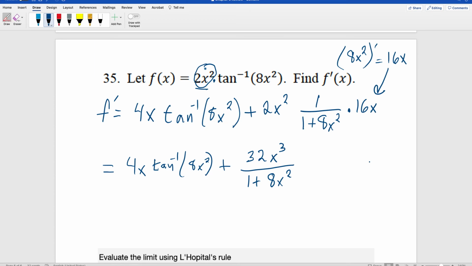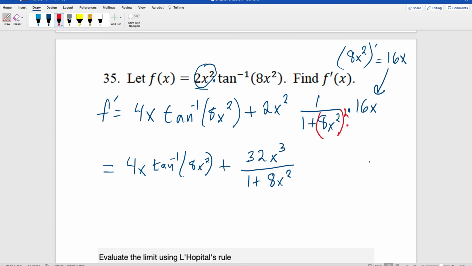Okay, is that good? Wouldn't 8x squared be squared, like 64x to the fourth? Because the formula is 1 over 1 plus x squared. Oh, thank you. Anyone else catch this? Right. So let's back up a space here. This is the input. It's the input squared. So you caught me on that. I saw the x squared and I thought, oh, I'm done.